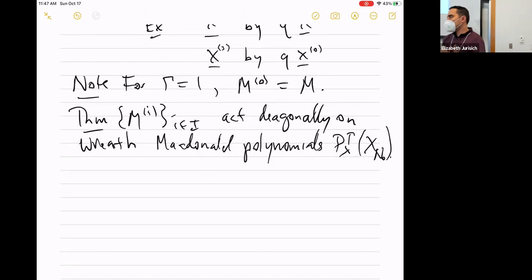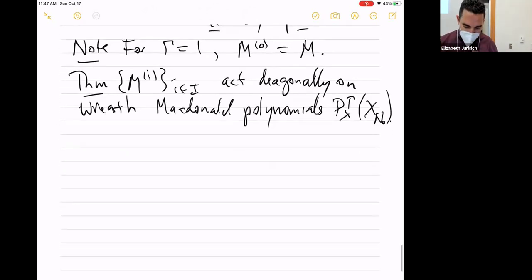And then you can actually do quite a lot with that. You can prove a number of properties of the Macdonald polynomials, like duality properties, Pieri formulas, and things like that. A lot of interesting combinatorial consequences come from explicit operators and explicit eigenvalues.